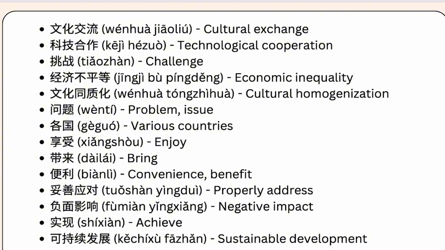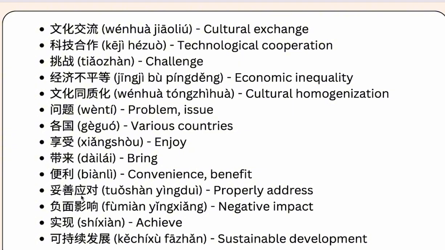享受. 带来, bring something. 带来. 便利 can mean convenience. A lot of times we say 便利店, convenience store. 便利. 妥善应对. 妥善 means properly. 应对 is deal with, handle.